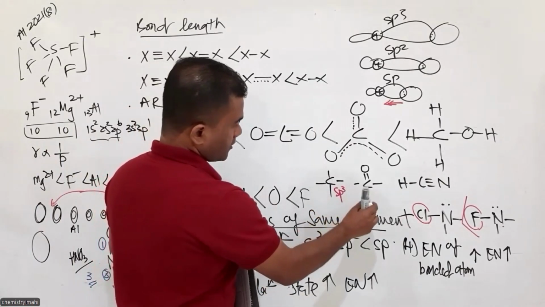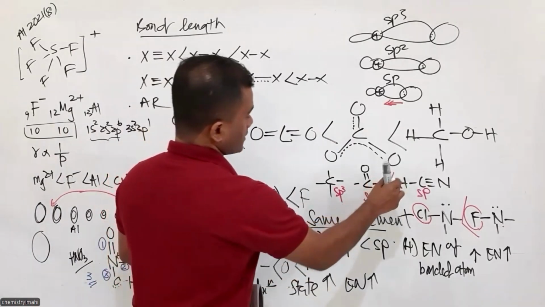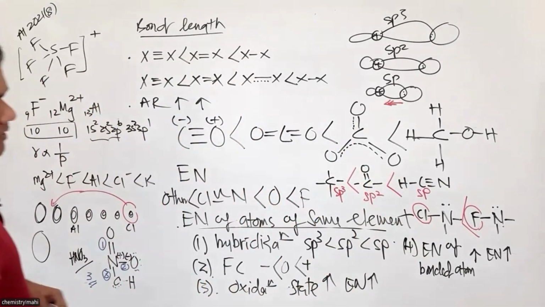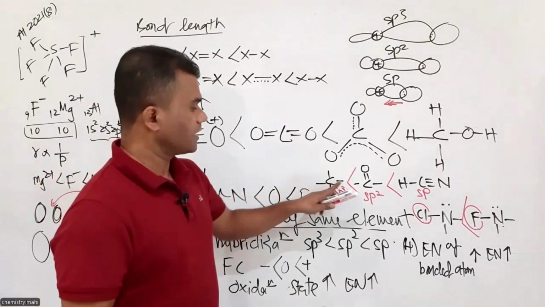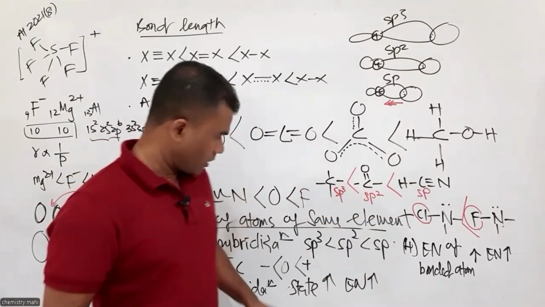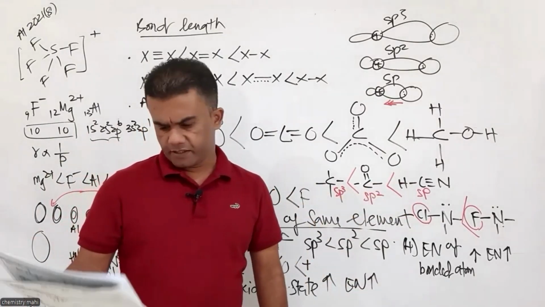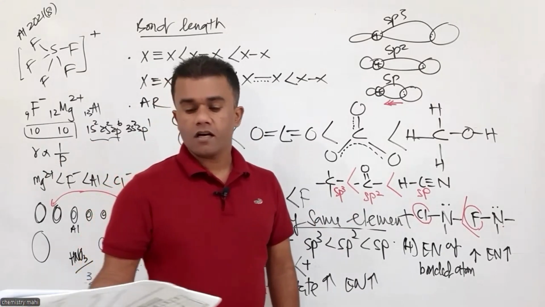What about this? sp2. What about this? sp. From the first factor itself, we can find how the electronegativity of the carbon atom increases, because as s character increases, electronegativity increases. Then that's the correct order given, so that should be the answer.